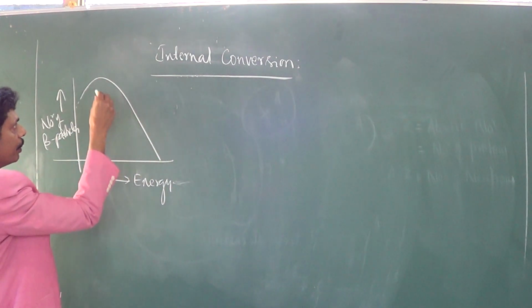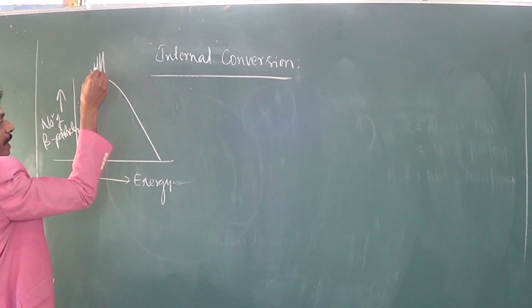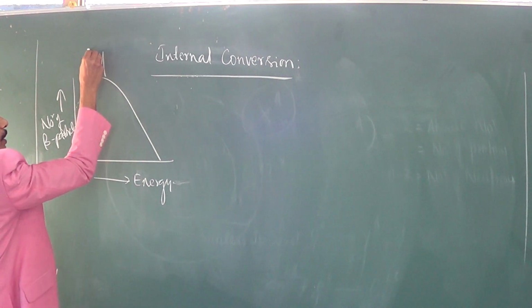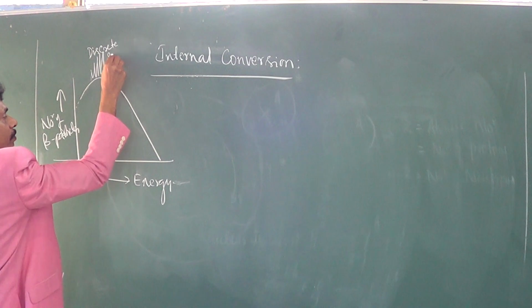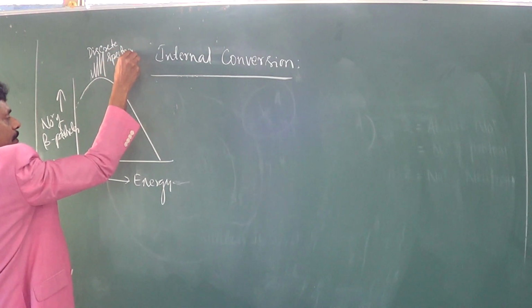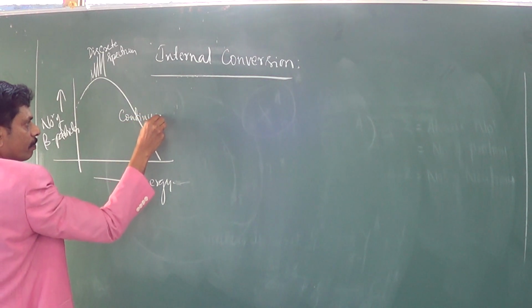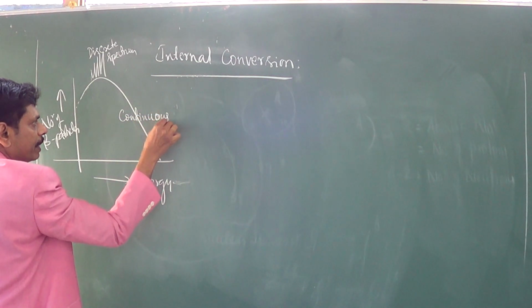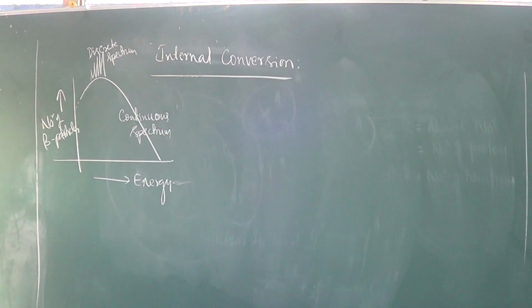In the case of continuous beta ray spectrum here, you are going to have some discrete spectrum here. This is discrete beta ray spectrum. This is continuous spectrum, beta ray continuous spectrum.